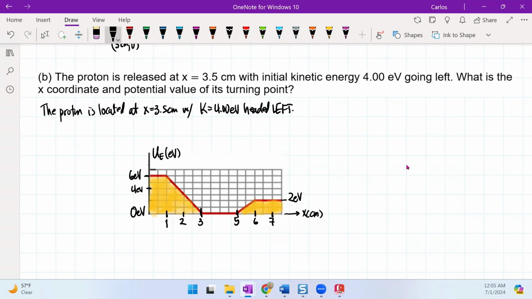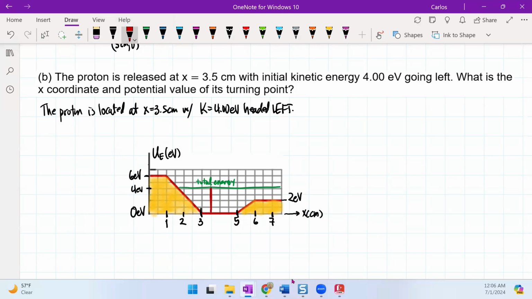So that tells me that this is my line right here. This right here is my total energy line. So the question is, how much energy is that? So for starters, we have to go to 3.5. At 3.5, it's right here.